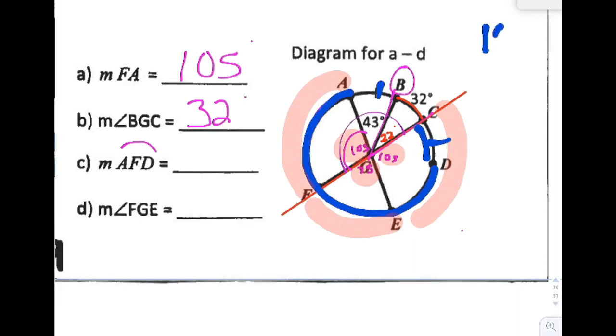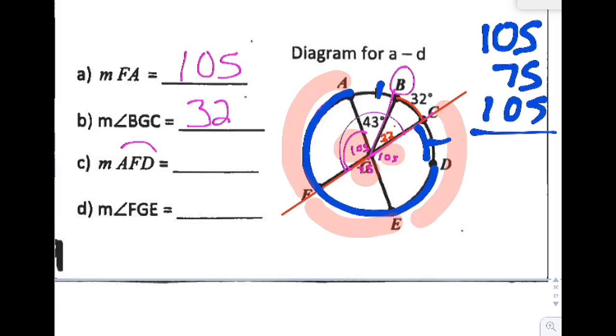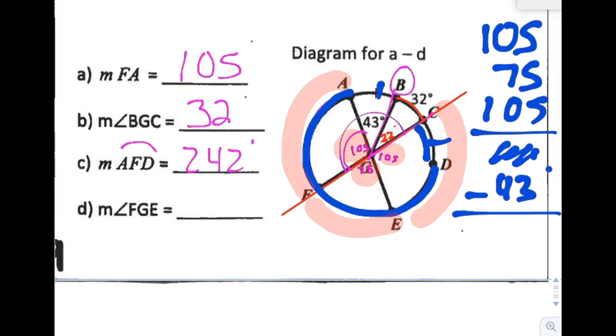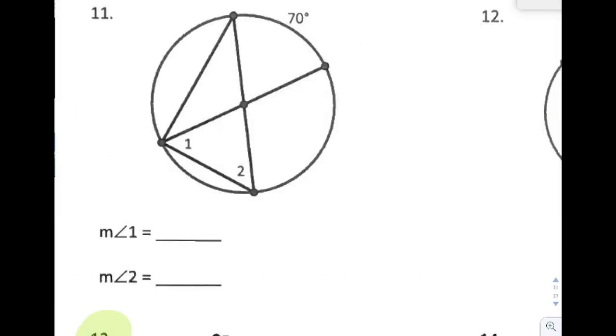So essentially we're going to go 105 and 75, another 105, figure out what that is, and then we're going to subtract the 43, and that will give me the arc which stops at D, which would be 242 degrees. The last piece is the measure of angle FGE. FGE is this angle right here, which we already knew. See, it came from the beginning when we just started filling things out. We already knew that that was 75 because it was supplementary with the 105 next to it.